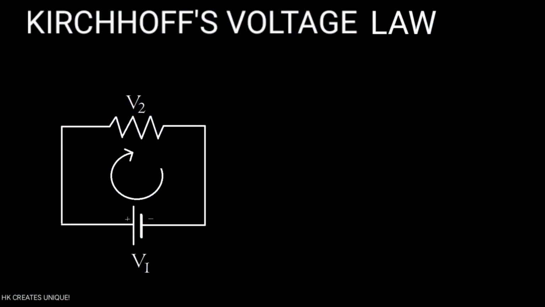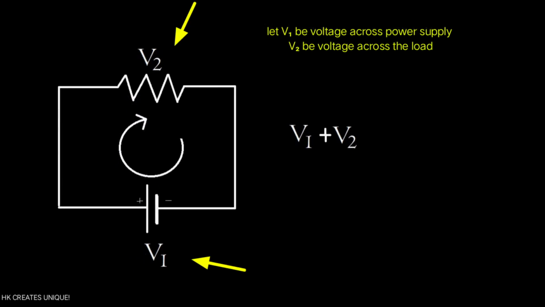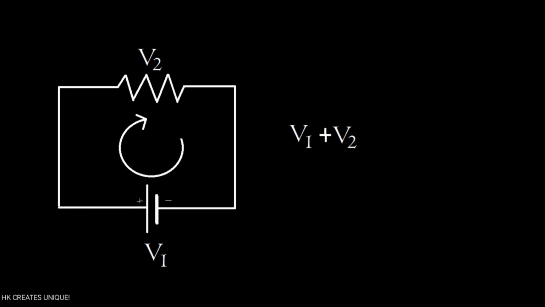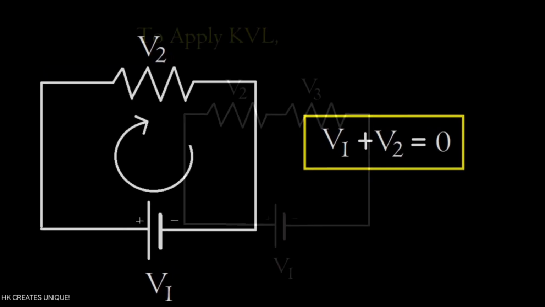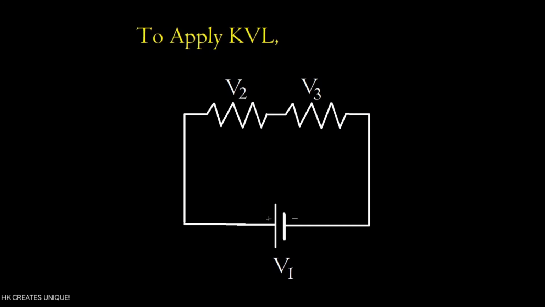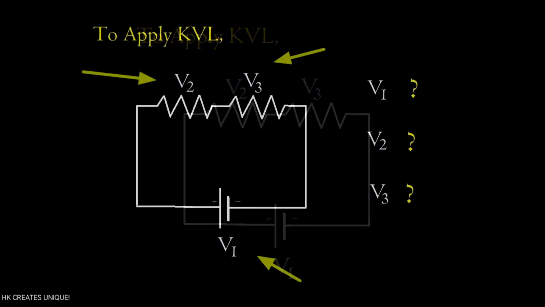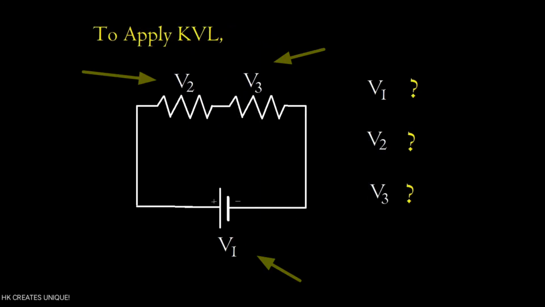The procedure of actual Kirchhoff's voltage law is a little different, but results are the same. Kirchhoff's voltage law states that the algebraic sum of potential differences or voltages around any closed loop is 0. To apply Kirchhoff's voltage law in a closed loop, voltage across each of these components should be taken first.